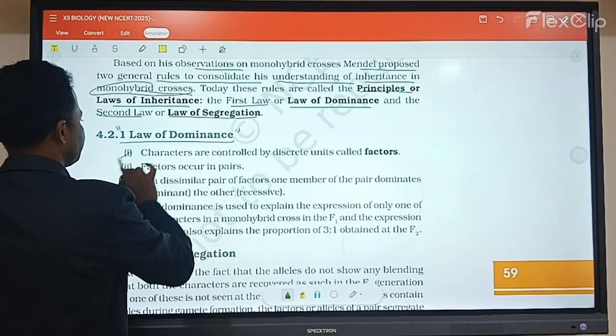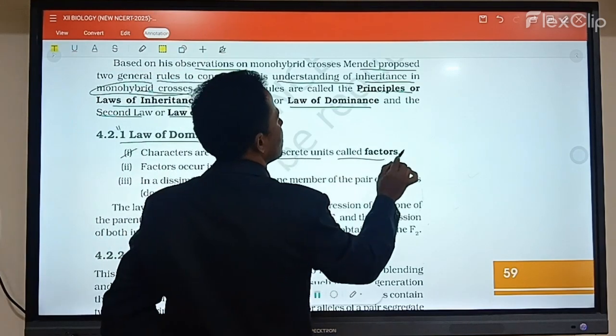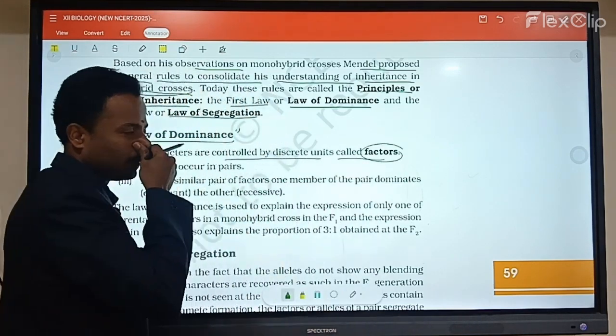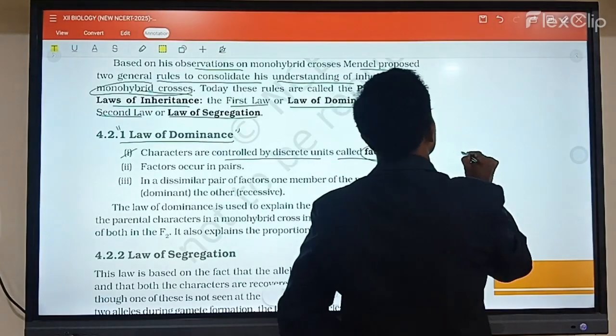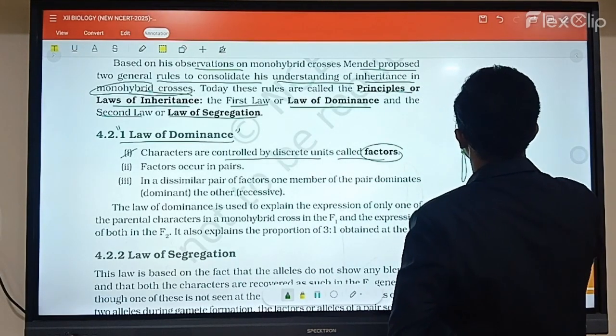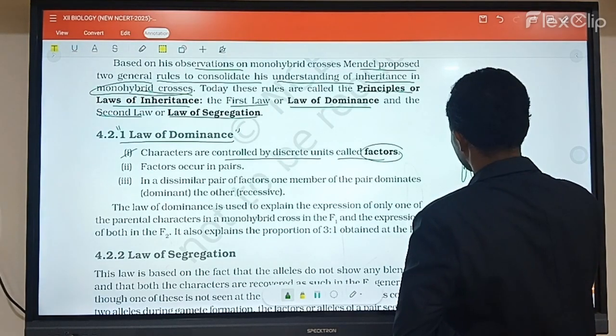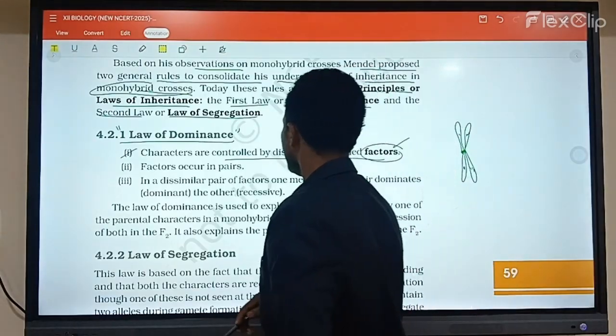First, the characters are controlled by discrete units called factors. Take any one particular character, for example on a chromosome; the particular units present are called factors.